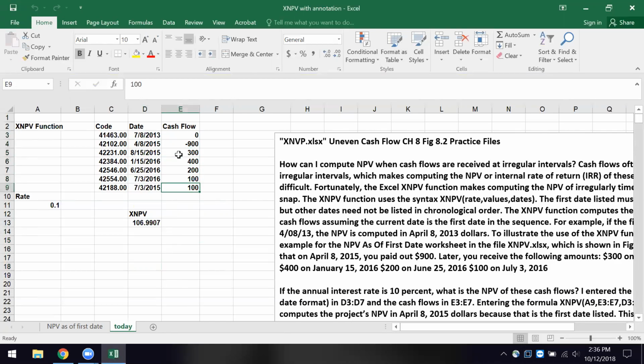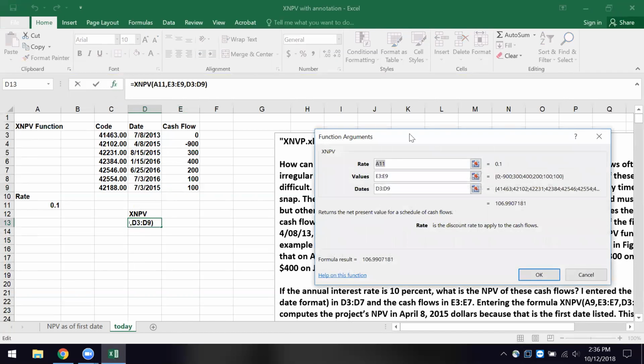So we use the XNPV because it does not assume a fixed period and fixed cash flows. It assumes that they're irregular. So here's the NPV function. We'll click on this and take a look at it for a minute. Here's the interest rate, the rate of return. That's over there in A11.